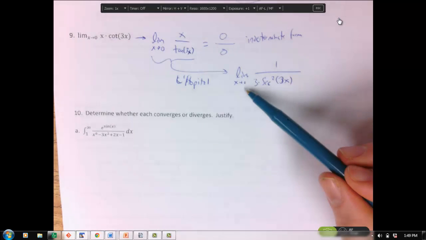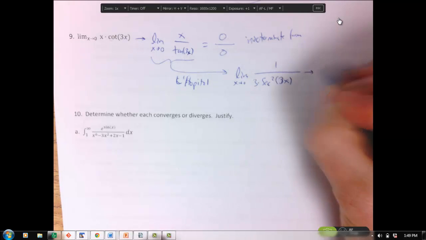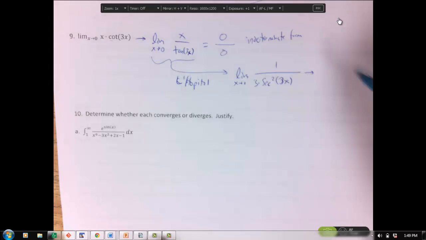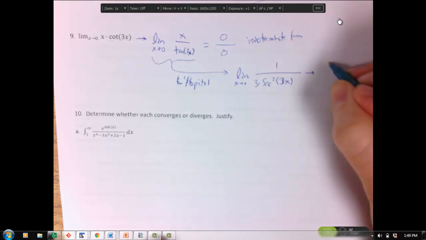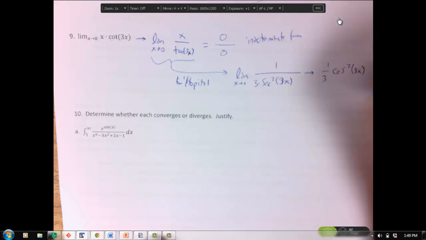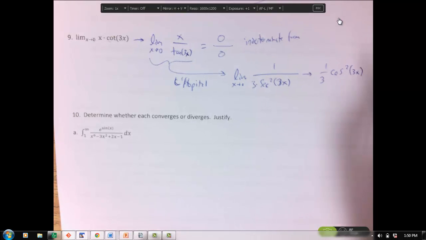And now when we evaluate it, let's rewrite it one more time in case you don't remember all your secant values. So secant is 1 over cosine, so this is the same thing as 1 over 3 times cosine squared 3x. Also limit. So as x approaches 0, cosine of 0 is 1, so that gives us just 1/3.